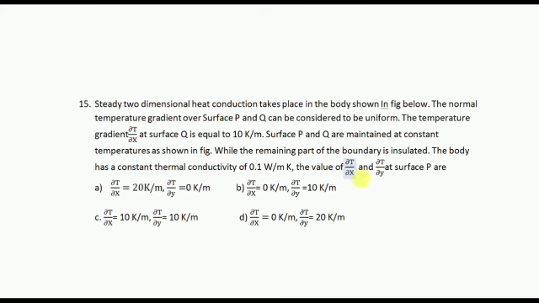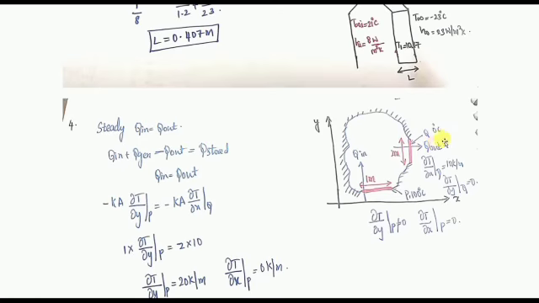Actually, dou T by dou X at Q is given. See my dear friends, dou T by dou X at Q is given. Okay, fine. They are asking you to find dou T by dou X at P and dou T by dou Y at P.